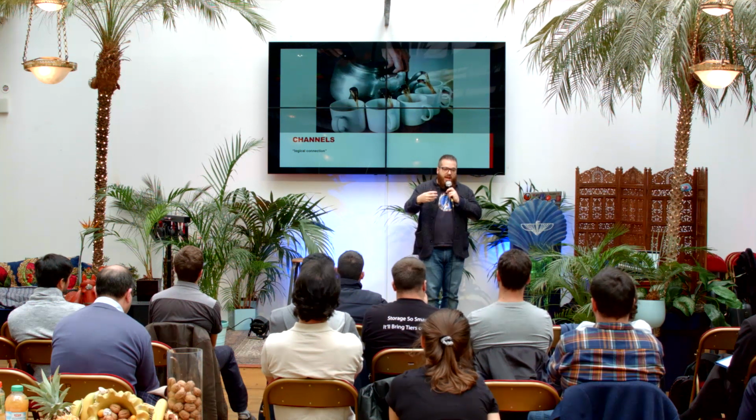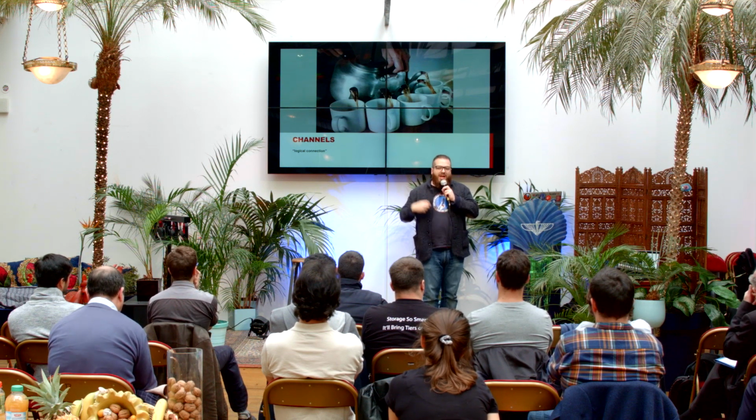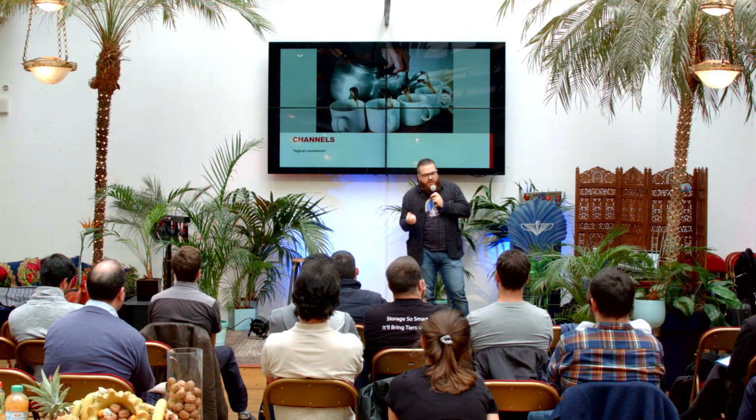For every client who just connects to the interface, I will create a channel for him to have the logical connection of the client and the WebSocket inside it. And if the client dies, I will destroy the channel, which is the logical connection. And as we will see, it can be a game changer on some features of AMQP. So really, you can create the number of channels you want because there is no overhead of a channel. It's really just a logical point of view of what the connection is.